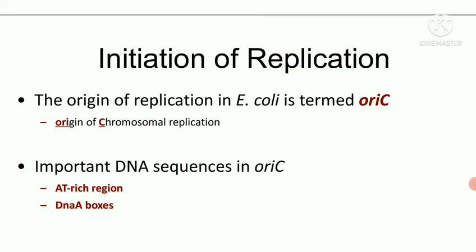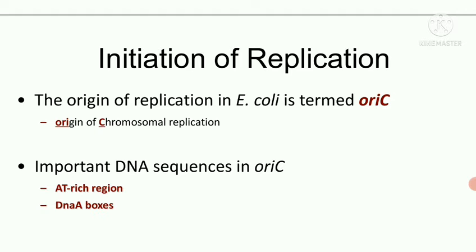Now we are going to see the initiation of the replication process. The origin of replication, we know, is called OriC, the origin of chromosomal replication. What are the important features of OriC? The first thing you need to remember is that it is an AT rich region, and there are some regions called DnaA boxes.